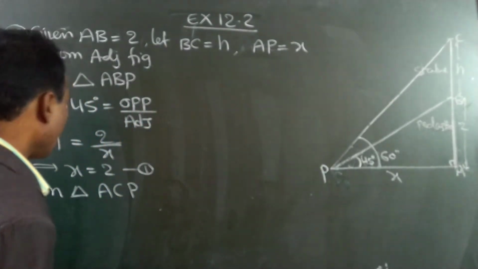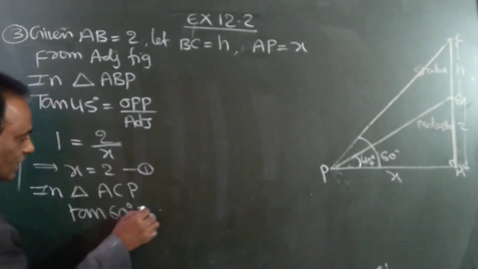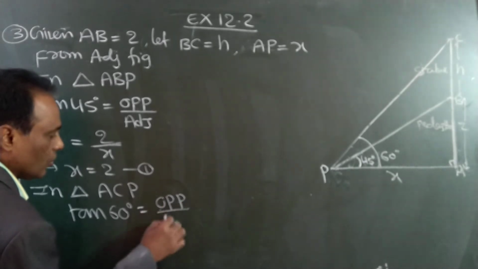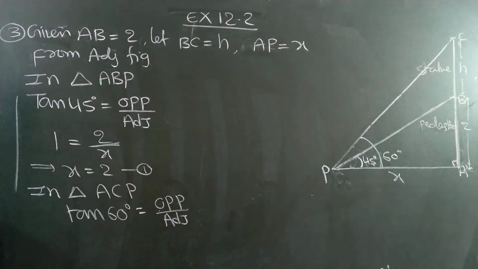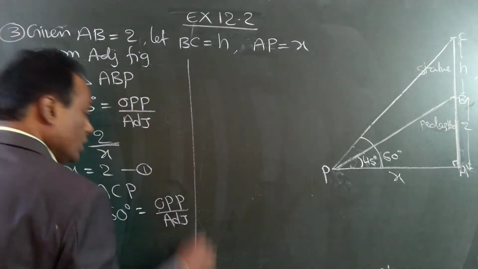So now in triangle ACP, theta is 60 degrees. What is the tan formula? Opposite by adjacent. Don't write. Tan 60 is equal to opposite by adjacent. Now I am continuing here.